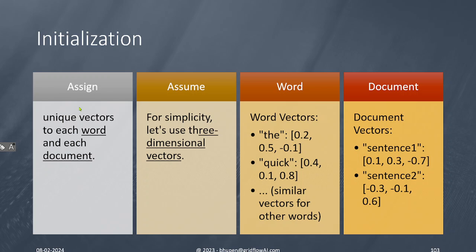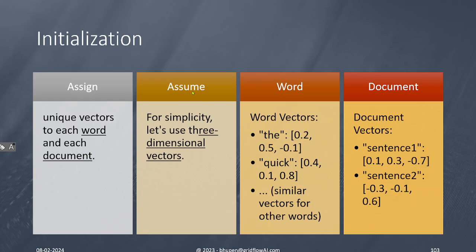After the tokenization, we are going to assign vectors to each of the words. Initially, it will be randomly done. And then we will assign the vector for the document as well. So initially, it will be randomly initialized.